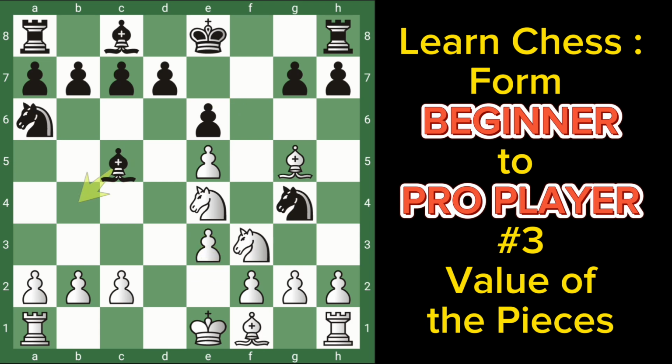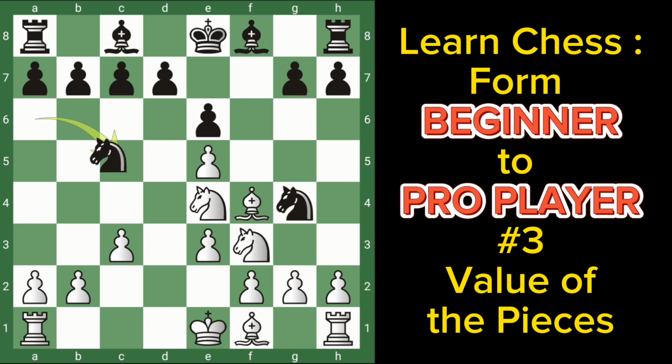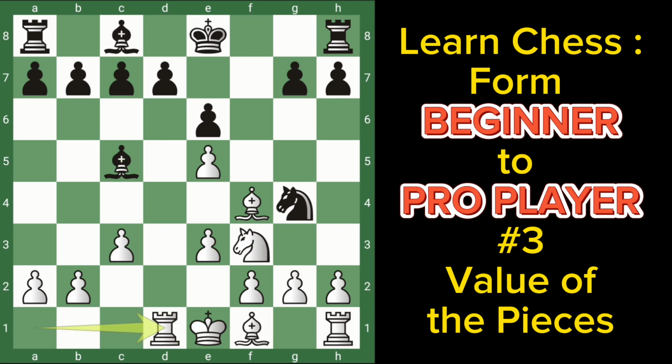E3. Bishop B4. Check. C3. Bishop F8. Bishop F4. Knight C5. Knight takes C5. Bishop takes C5. Rook D1. A5. A4.